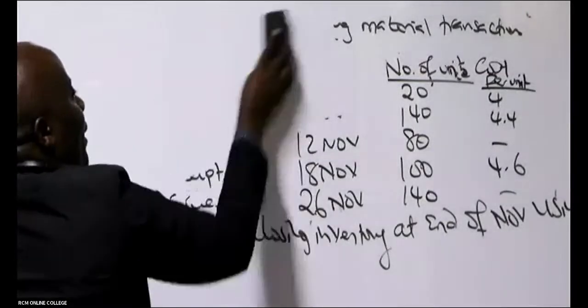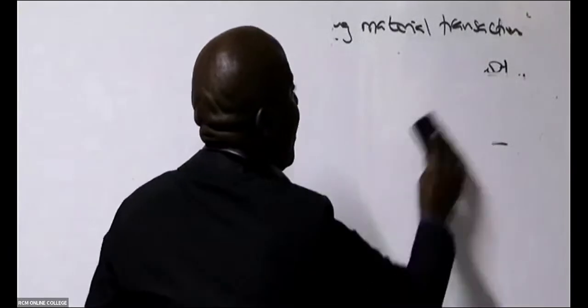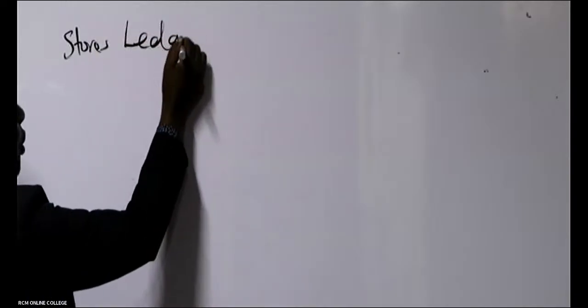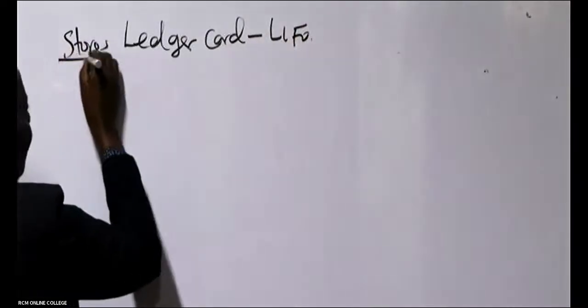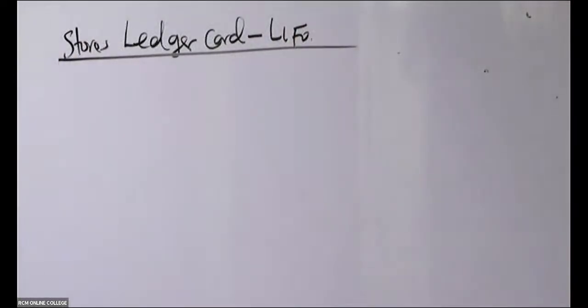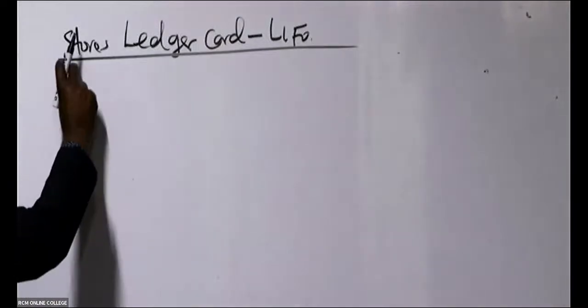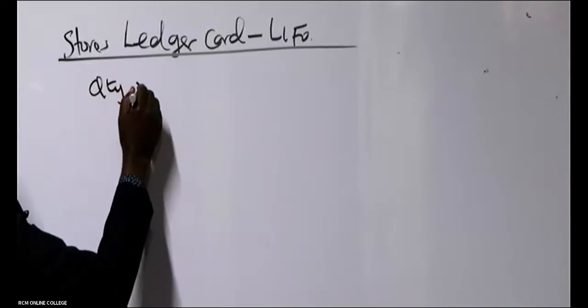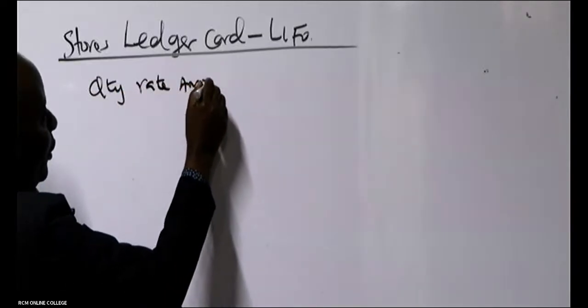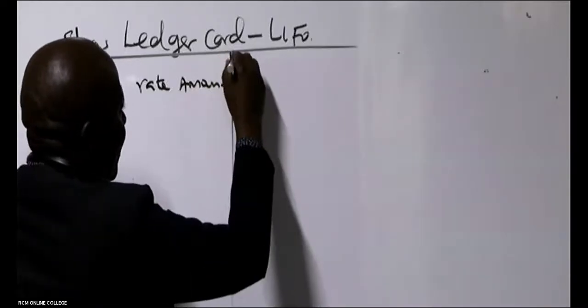And then now we get started in a professional way. We do what we call a stores ledger card, and remember, we are using the LIFO method this time around. You skip a line, always remember to skip a line. Once you skip a line, you have here quantity, rate, amount, and then two lines like this.